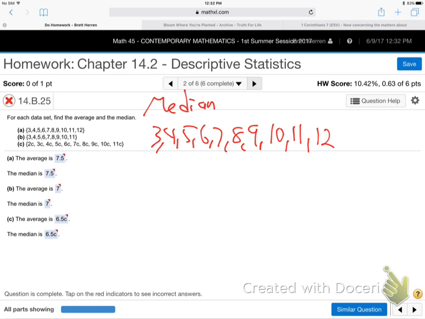How many numbers are up there? Well, 10, right? Because there's 12, but you're missing 1 and 2. So that makes 10. That's an easy way to figure it out. There's 10 numbers. So is there 1 in the middle or 2 in the middle? 2 in the middle, yeah.